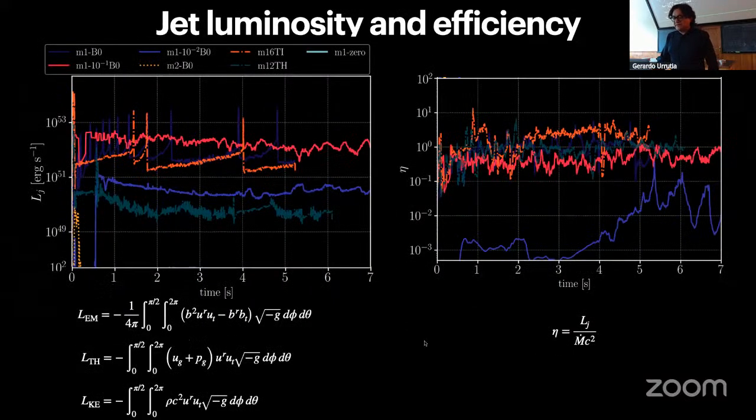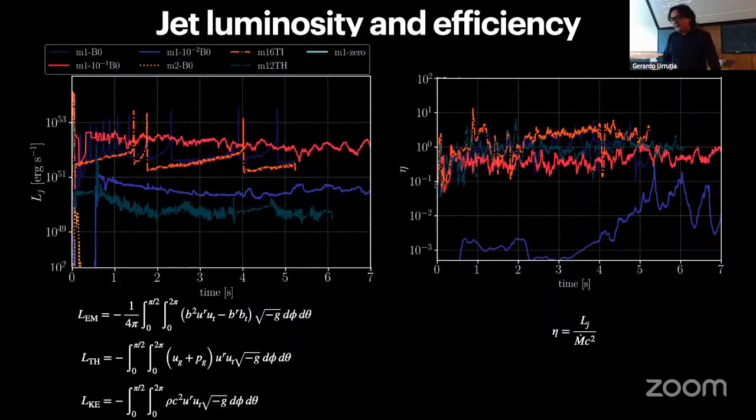Also, we are observing the jet luminosity by evaluating the 3 components of these fluids: the electromagnetic, thermal, and kinetic components. So we follow the dependence of the luminosity versus time, which can say something for future observations of this jet, the luminosity history. But we get some interesting peaks in some models, which correspond to the jets that quickly reach the mature state.